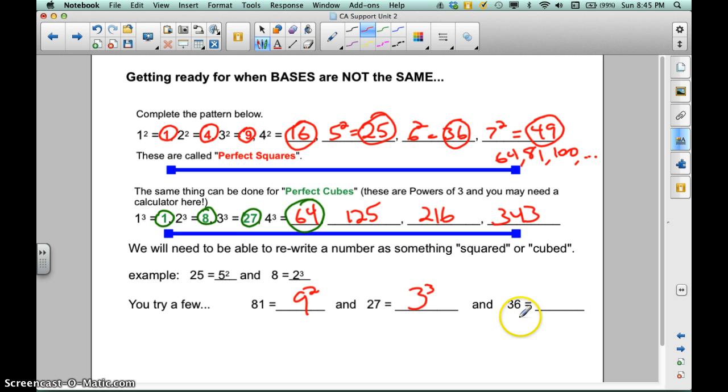And 36 shows up in our perfect squares as 6 squared. And so write these out even a few times. Become familiar with the numbers so at least you know it is one of them, and even if you have to work through the list, it's going to help you to solve these exponential equations more easily if you're familiar with these perfect squares and cubes.